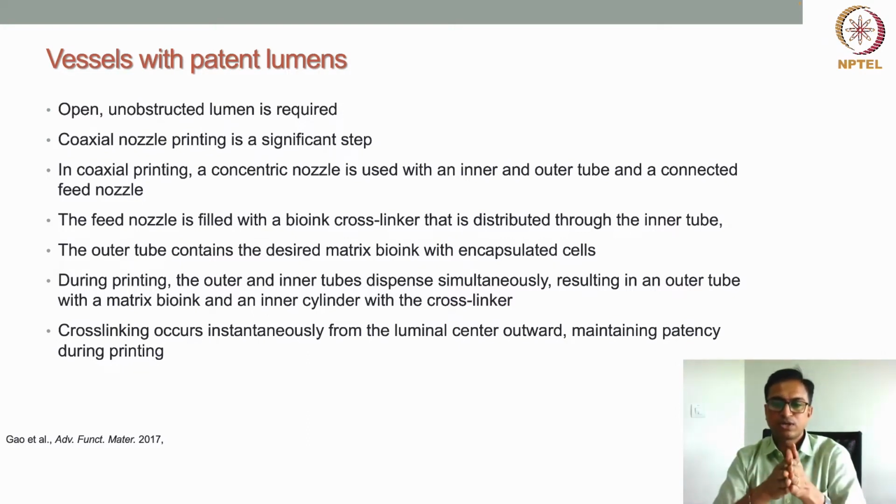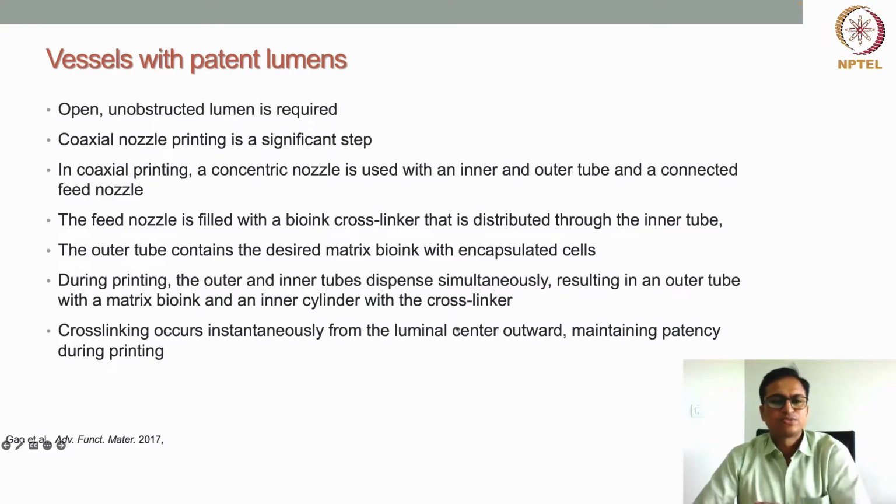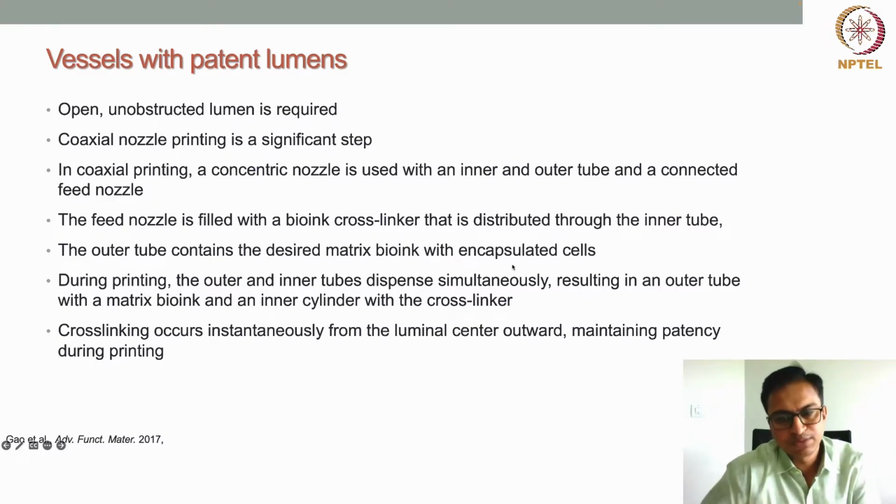The crosslinker will cross-link the channel from the inside out. There are a few groups who have worked on this, where the concentric nozzle has been used for the same purpose. The inner tube is fed with the crosslinker, and the outer tube contains the desired matrix bioink with encapsulated cells.